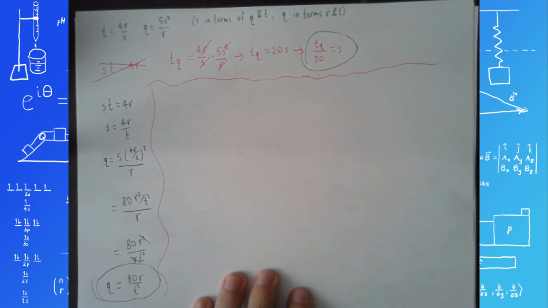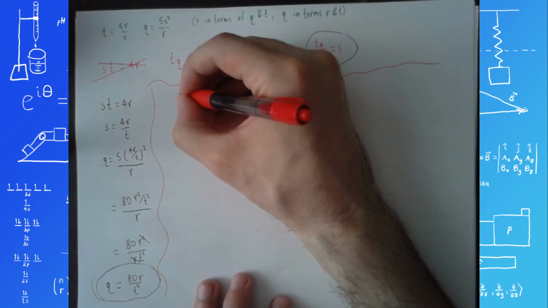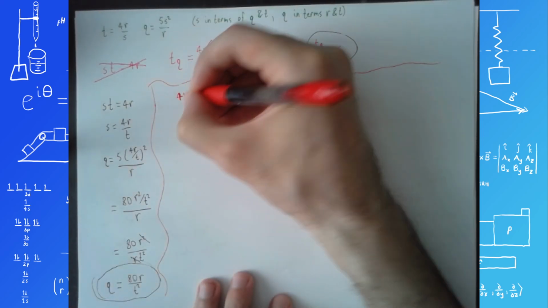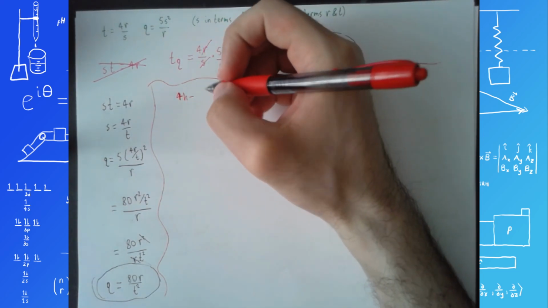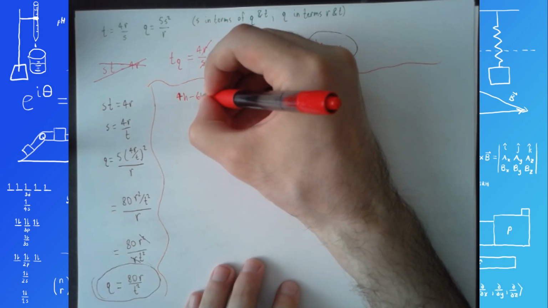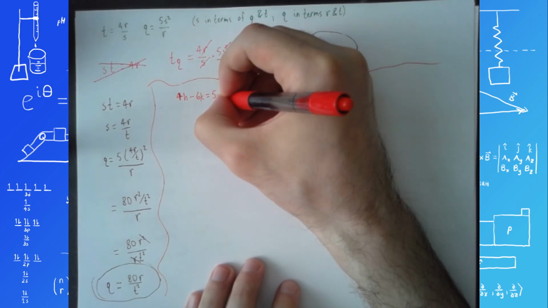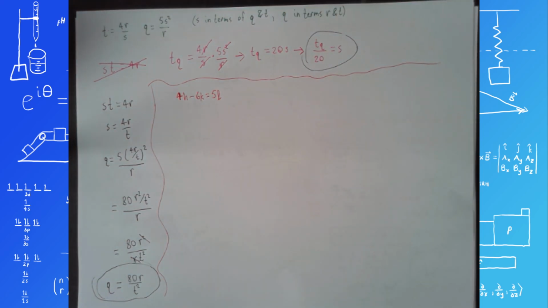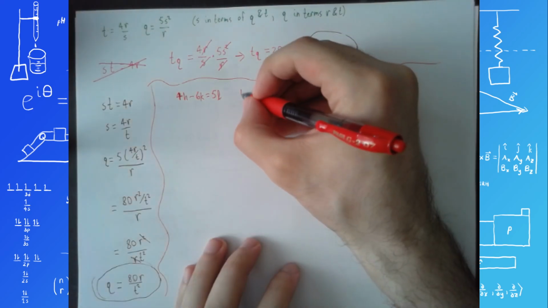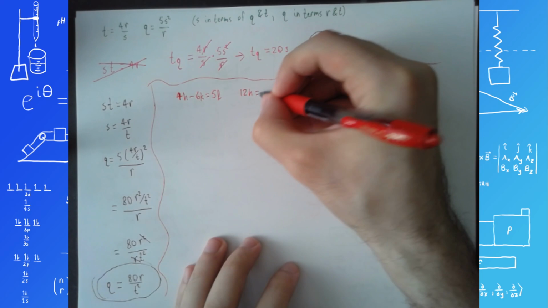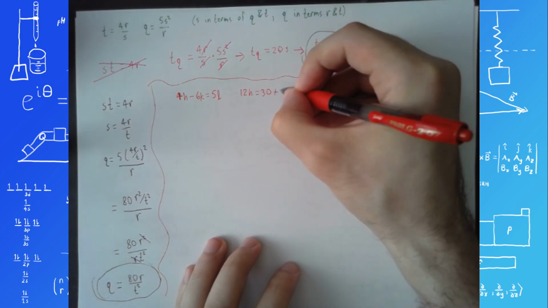So this one, I didn't think through it that well when writing it, because I think one of the symbols actually has a numerical value you can solve for, but 4h minus 6k equals 5l, and 12h equals 30 plus 18k.